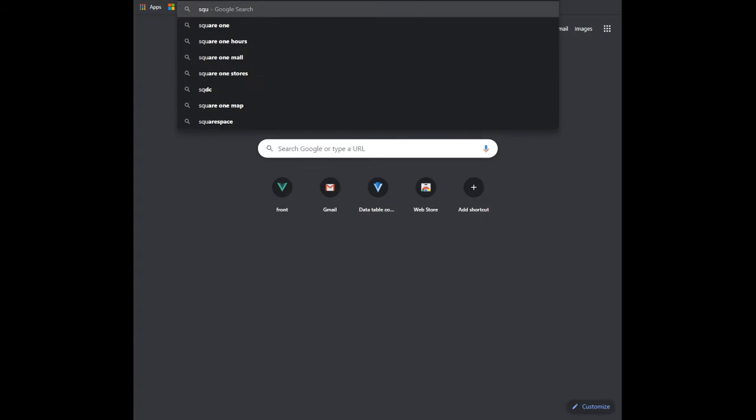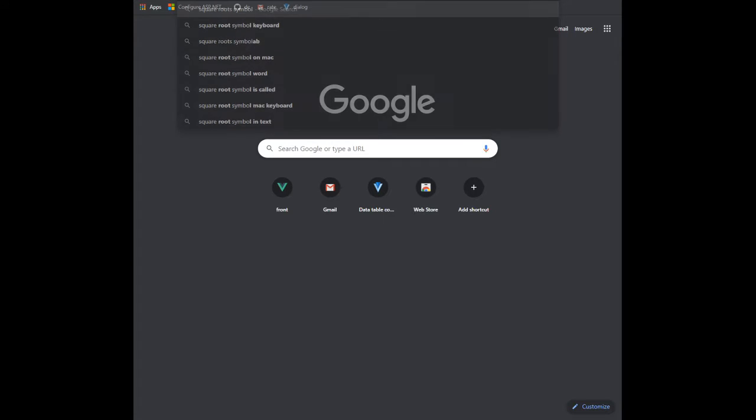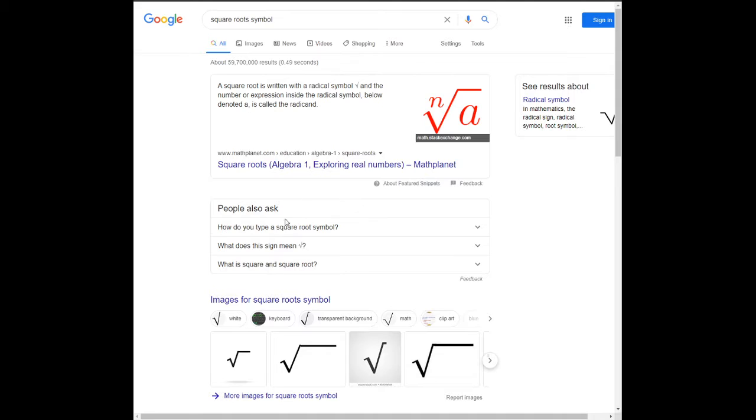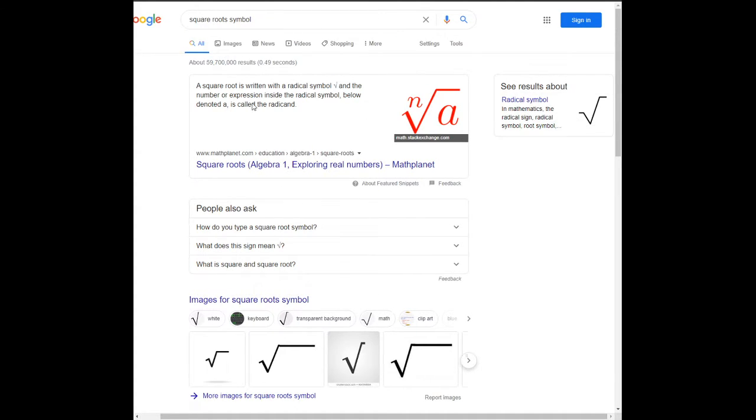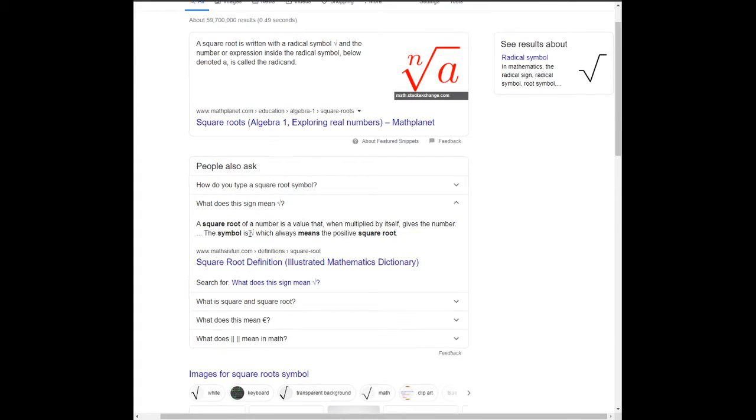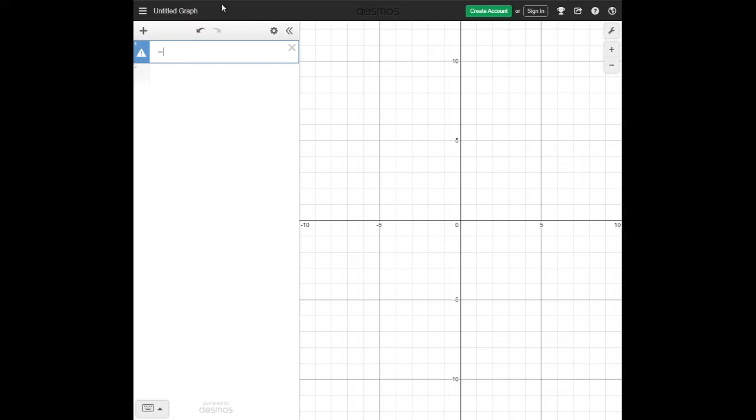Let's see if I can find a square root symbol quickly and just copy and paste it into there. Those are integers. Radical, that's the proper way to call it. Let's see if this works. Oh, it did.